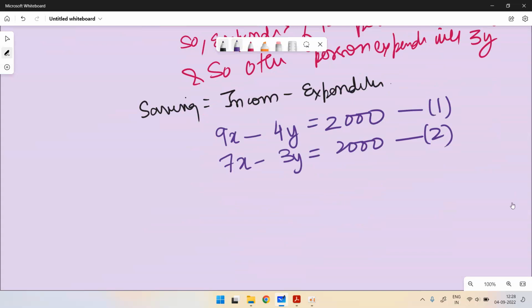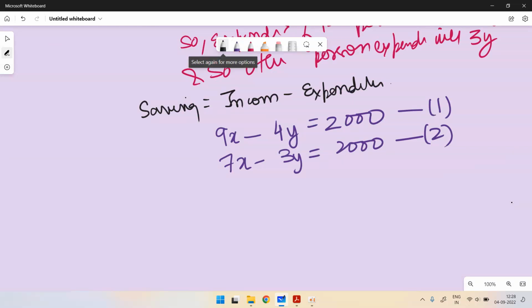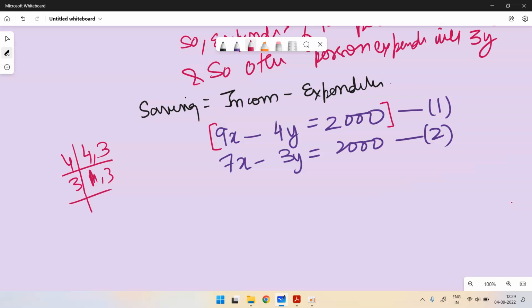I can see that the coefficient of y is much smaller than the coefficient of x, so I have to eliminate y. These are 4 and 3. If you take the LCM, 4 times 3 is 12.